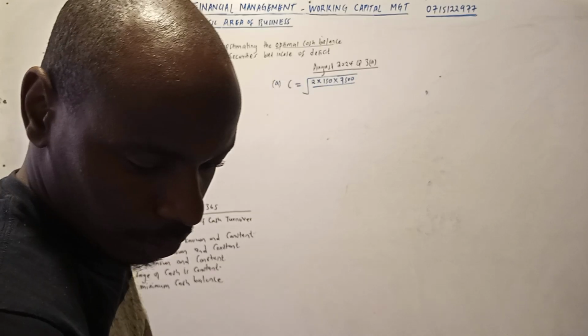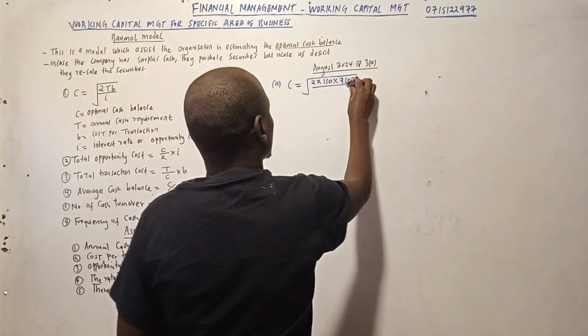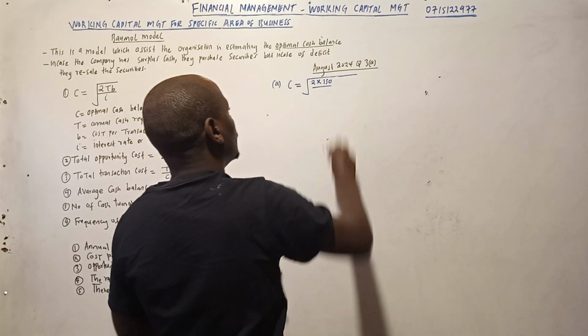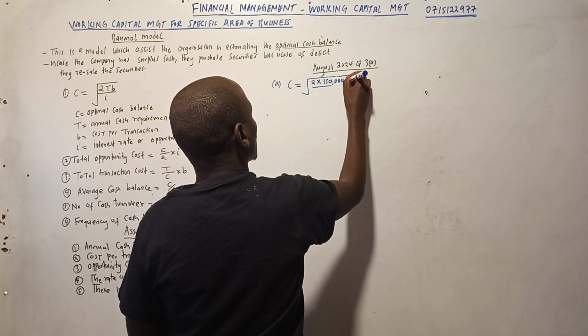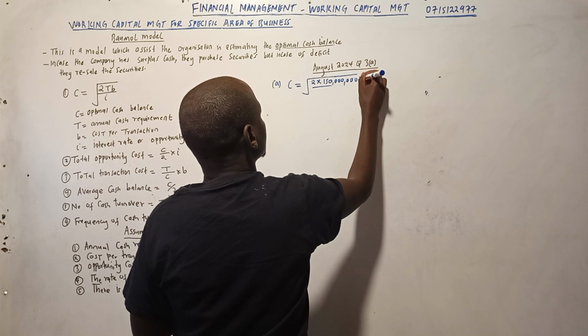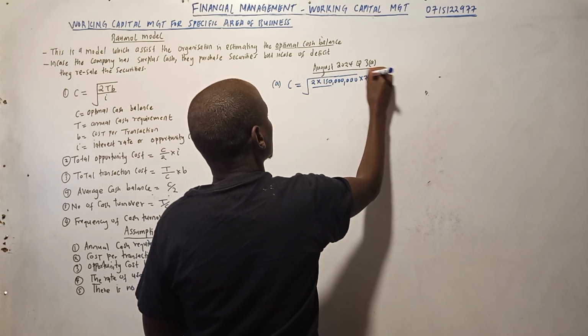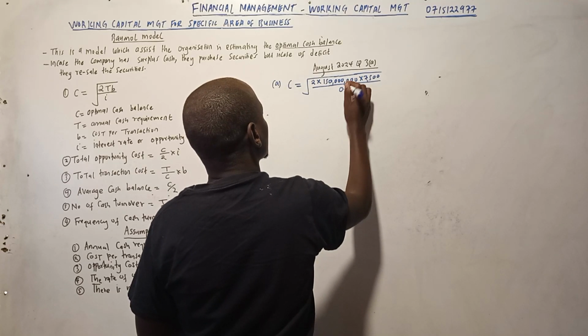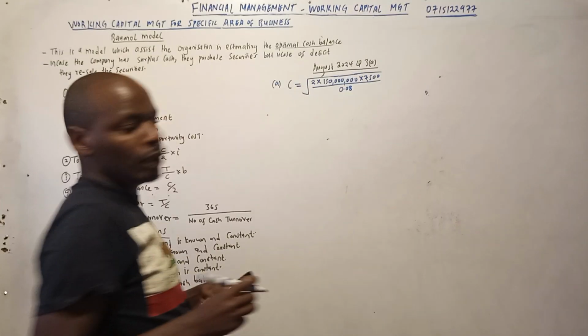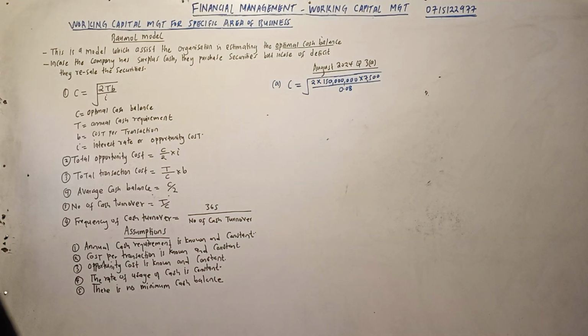Let us put it in million. 150 million times 7,500 over 0.08, since 8% is our opportunity cost.